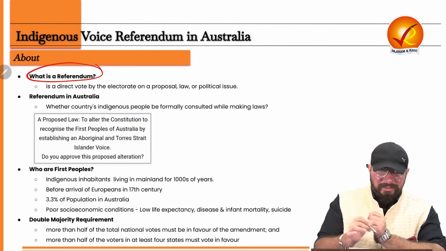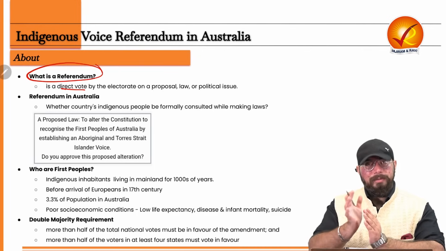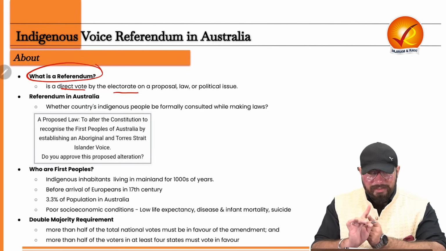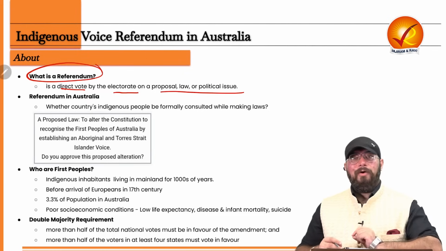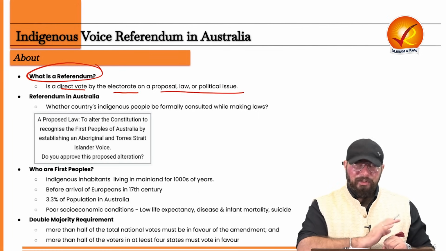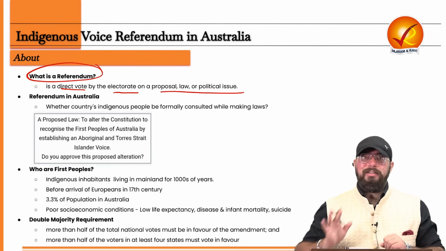A referendum is a kind of direct vote in which people directly vote in a democracy, a direct vote by the electorate on a proposal, law, or political issue. So, for example, usually people vote for a government, the government gets elected, and the government takes the decisions.